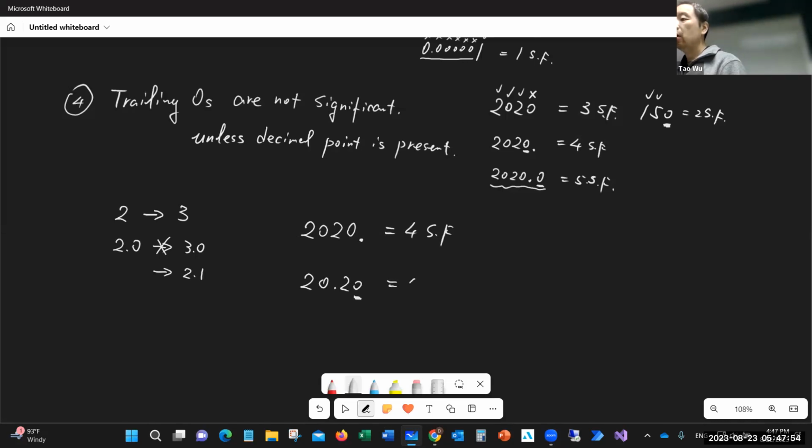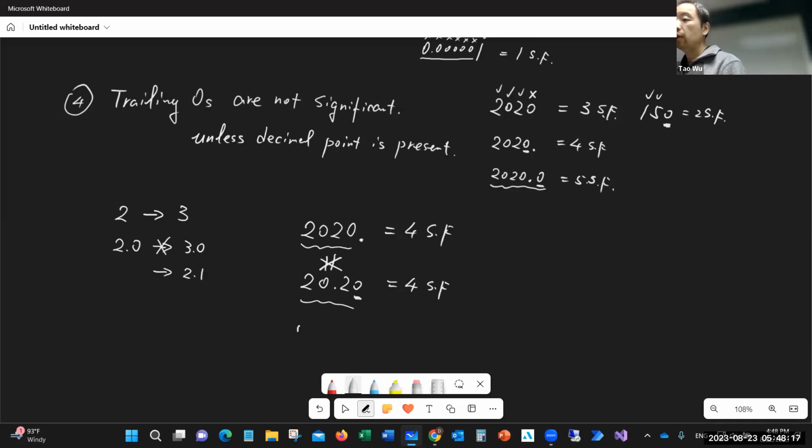So this also has 4 sig figs. You may say, wait, are you saying this number and this number have the same value? No, I'm not saying they have the same value, but they do have the same sig figs. The value could be different, but the sig figs could be the same.